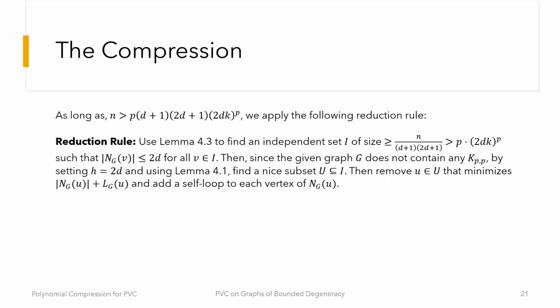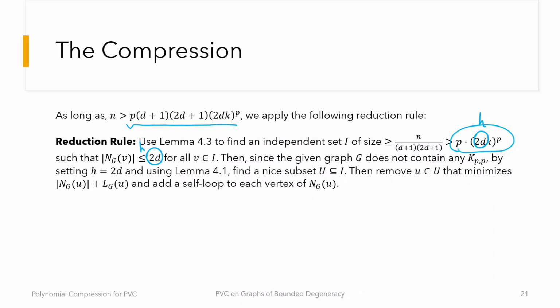And also we have the first lemma saying that if we have a large independent set and degrees are small, we can find a subset, or there is a complete bipartite graph. So as long as we have more than this many vertices in the graph, we find an independent set I of size n over D+1 to D+1, which is this. This big independent set would be H in the first lemma, and all vertices in the independent set have degree at most 2D.